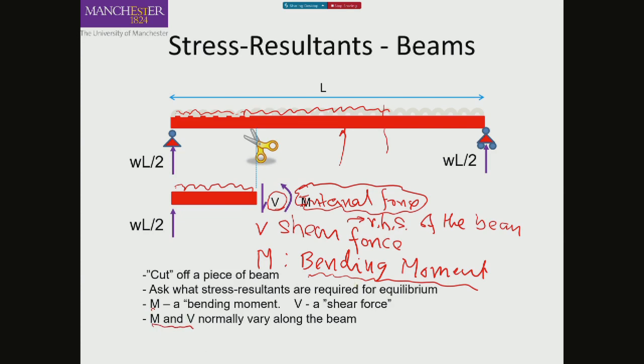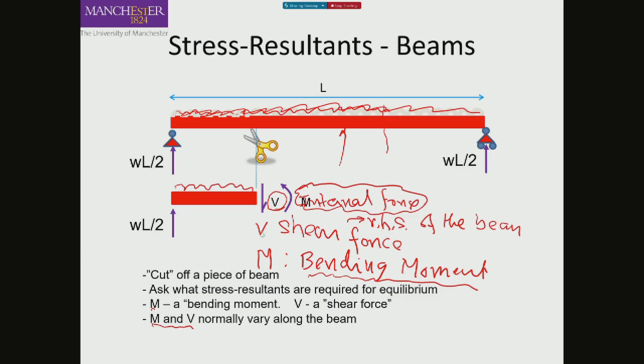So they are not something that you are applying yourself. Your application of the load is only this bit at the top. What forces and stresses are generated inside gives rise to this bending moment and shear force.